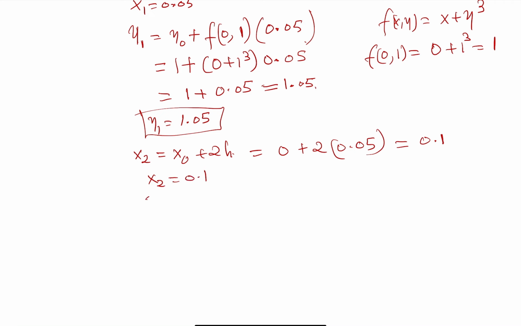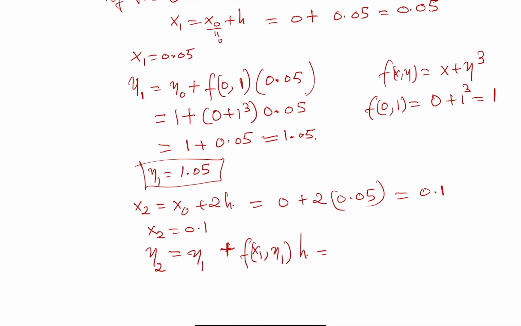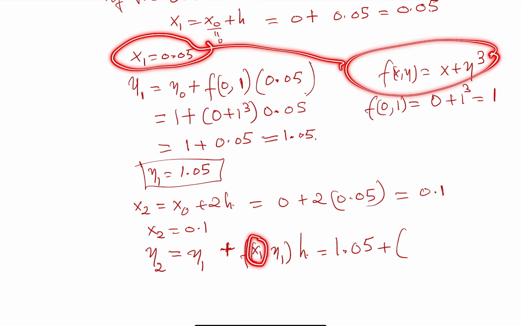So y2 now. y2 is y1 plus f of x1, y1, times h. y1 is right here, y1 is 1.05, plus the function with x1 and y1. Everybody got that one? Good.